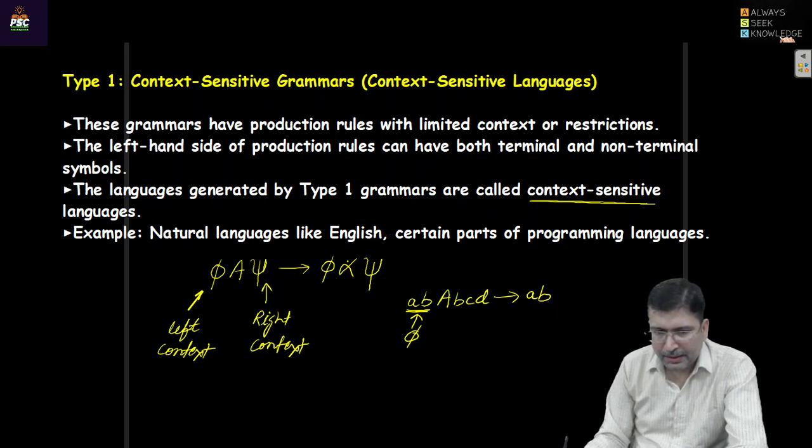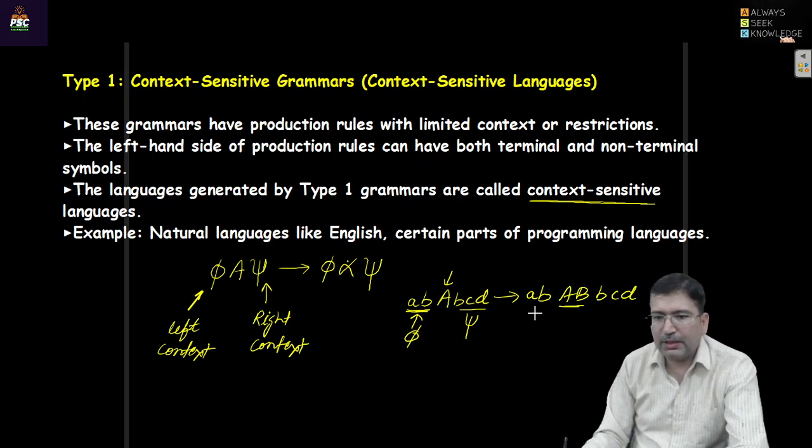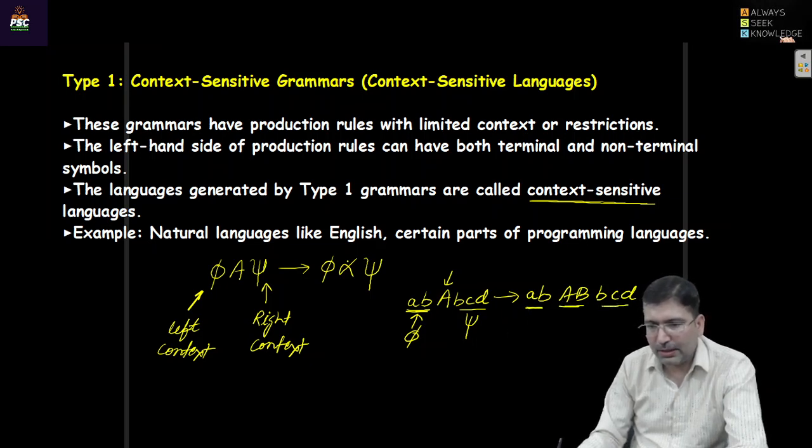And if BCD is the right context, this is the psi, then it has to be alive at this side. So B, C, D need to be there, and this A can be converted into something. Let's say this A is transforming into AB along with the left context, that is AB, and along with the right context, that is BC.